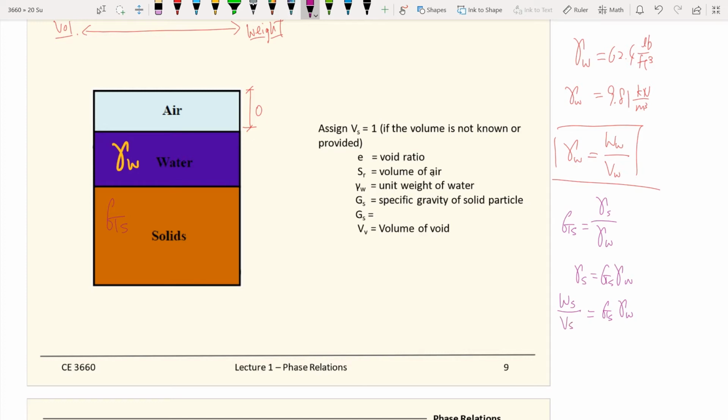So from these equations, once you know G sub S times gamma W, you can relate the weight of solid and the volume of solid. Either you know the weight of solid, then you can find the volume of solid, or you know the volume of solid, then you can find the weight of solid by knowing G sub S. Those two are very important pieces of information that will help you solve phase relationship problems.